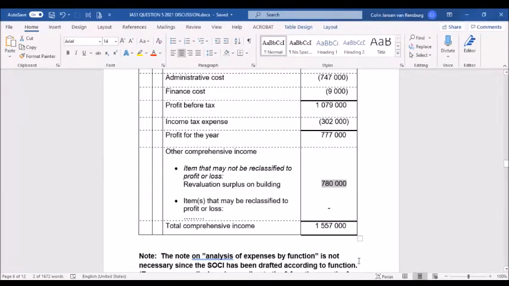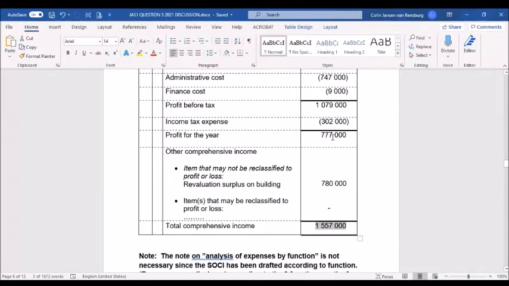revaluation surplus, right? If we had another item here, let's say a gain on investment, then we would have had a column in our statement of changes in equity called gain on investment, right? So each of them, your profit for the year and each increase in your other comprehensive income, will be transferred separately, and then your total comprehensive income will be transferred to your totals column, right?